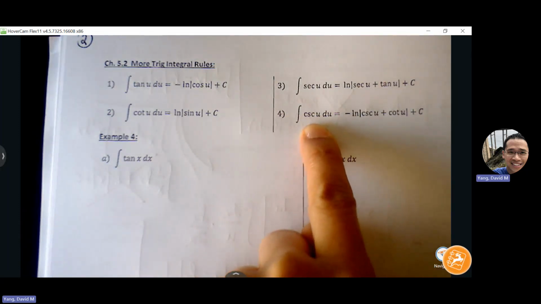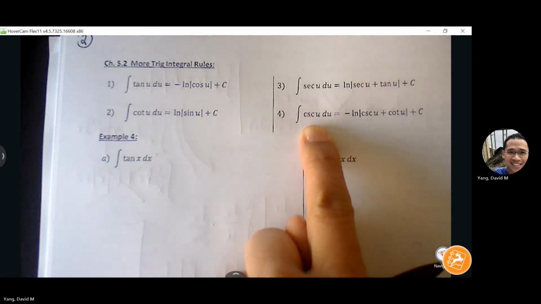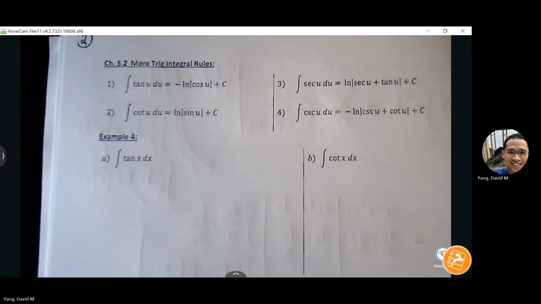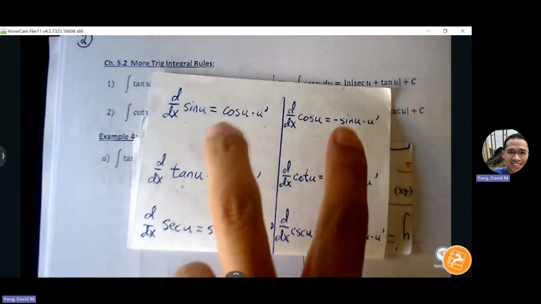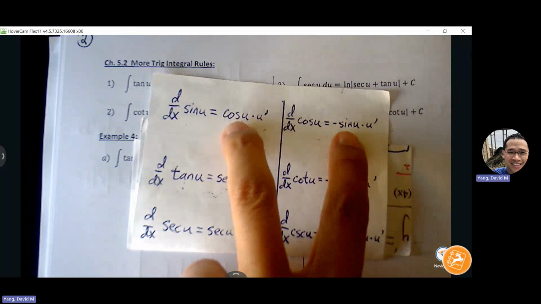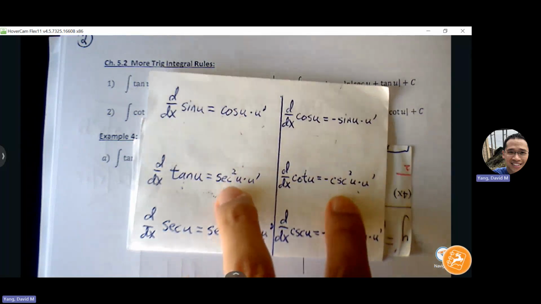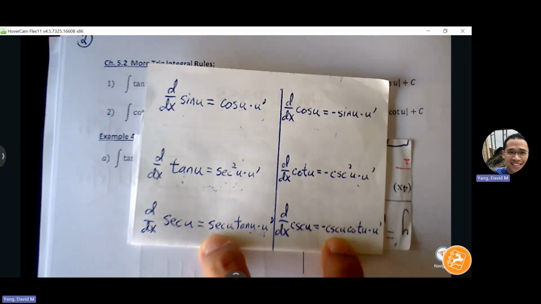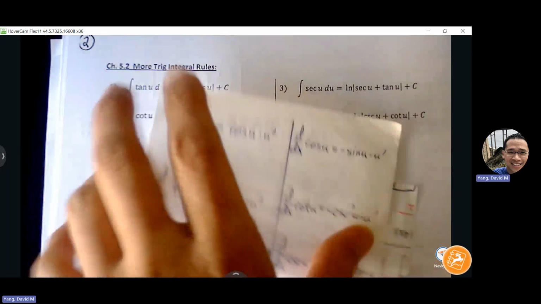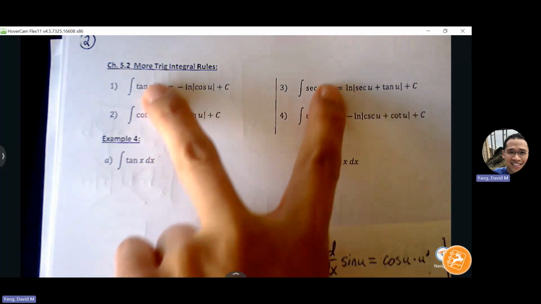First, I want to convince you that these rules do not show up in our original list. So if we think about our original list of integral rules, integral of cosine, we have an integral rule for negative sine. We have a rule for secant squared, cosecant squared, an integral rule for secant tangent, an integral rule for cosecant cotangent. But we don't have integral rules for these ones.